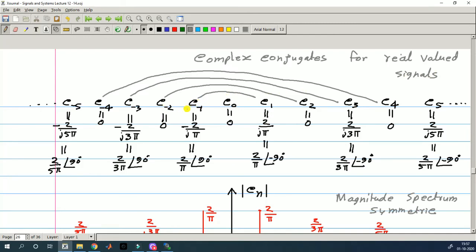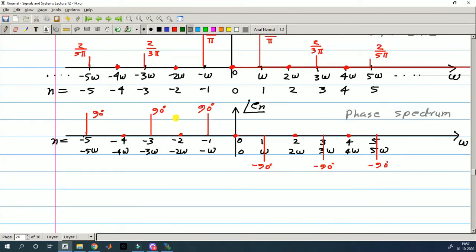Therefore, the angle of C minus 1 will be negative of angle of C plus 1, and so on. Therefore, this phase spectrum will be antisymmetric, or you can call this an odd function of n or omega.